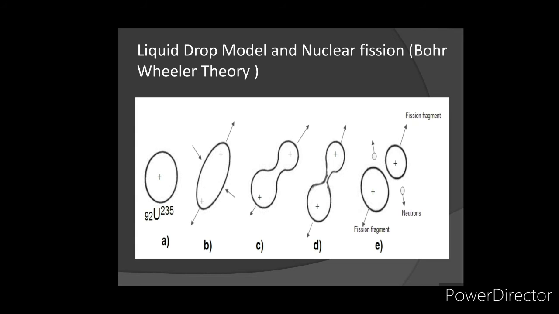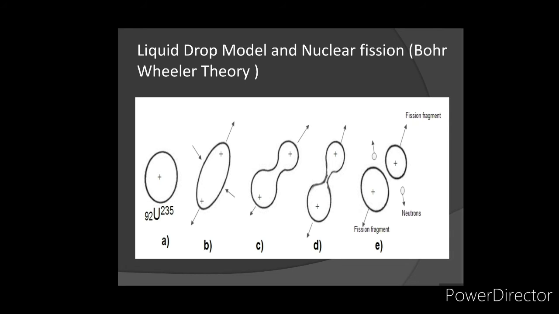The energy required to change the nucleus from stage A to stage D is called the fission barrier. Now the nucleus is in a critical state because once stage D is reached, the final fission into fragments takes place on account of the repulsion between the two fragments.